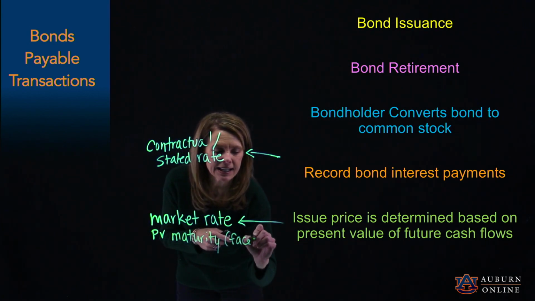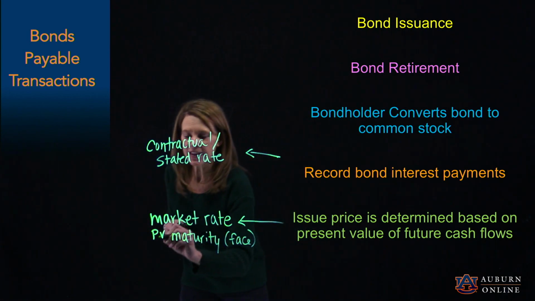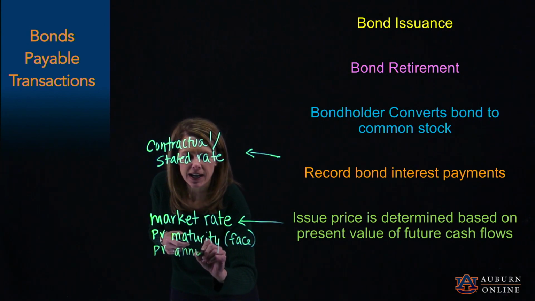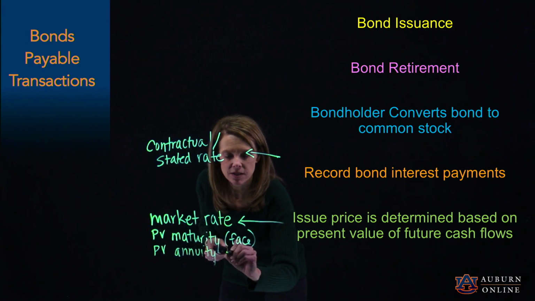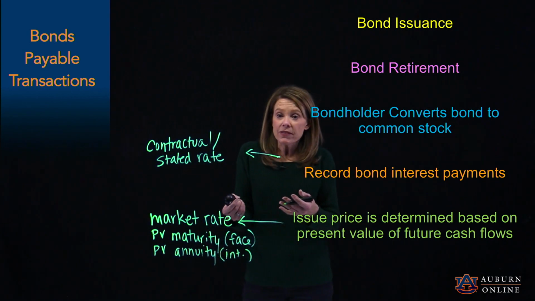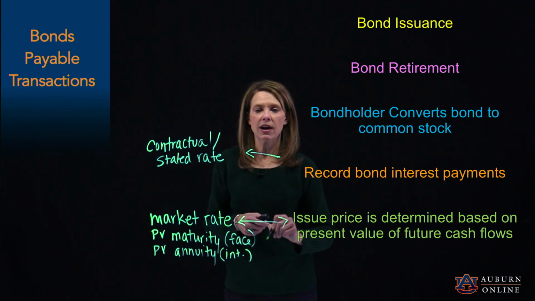So they're going to be adding the present value of the face amount right now, and they're going to be looking at all those interest payments and figuring out the present value of those annuity payments, this is interest, right, that's being paid, and the sum of those two things are going to determine the issue price of bonds.